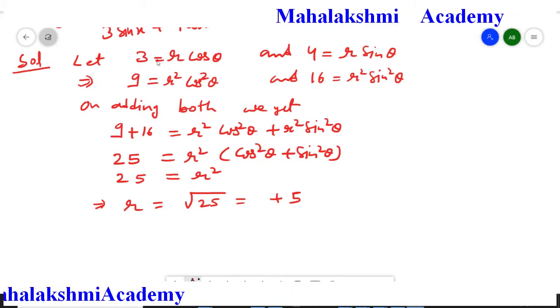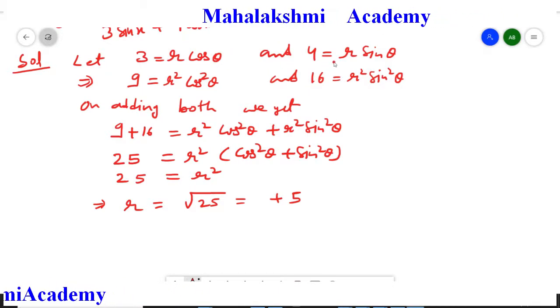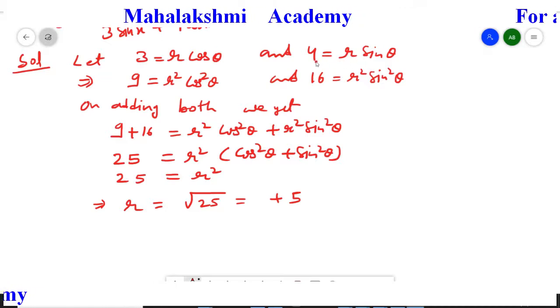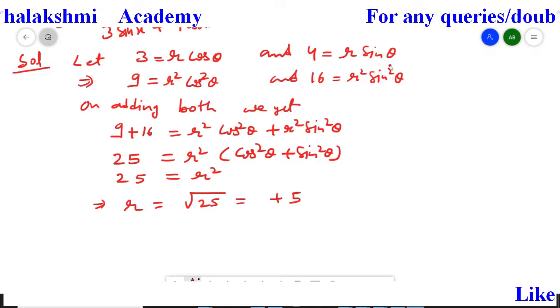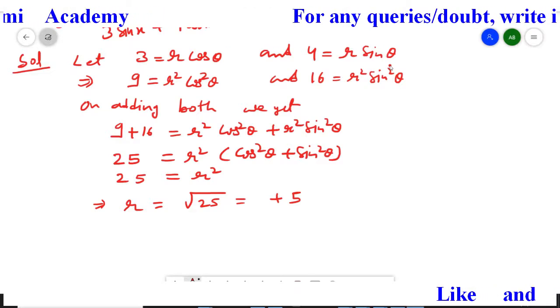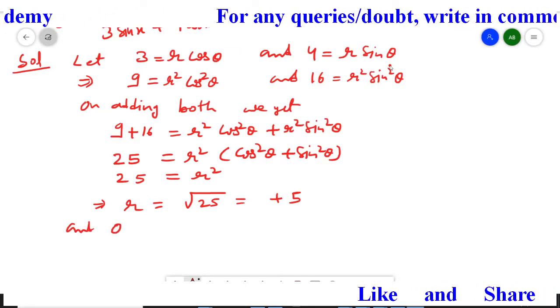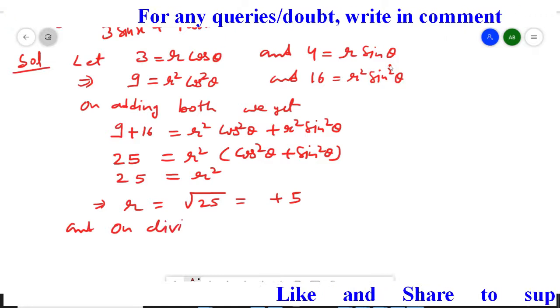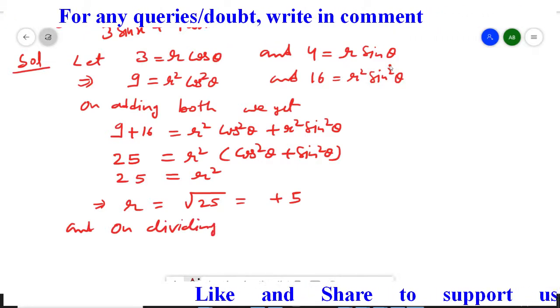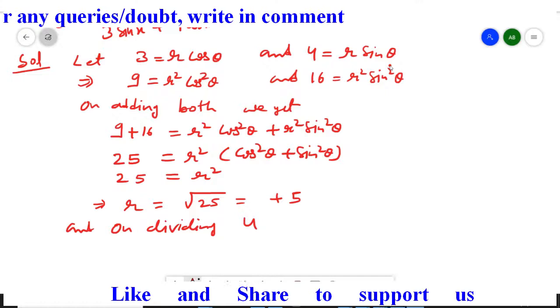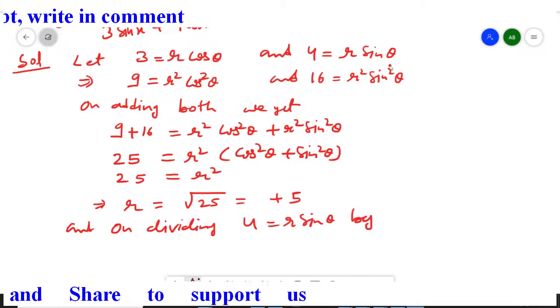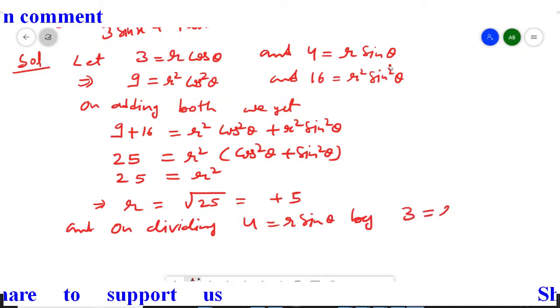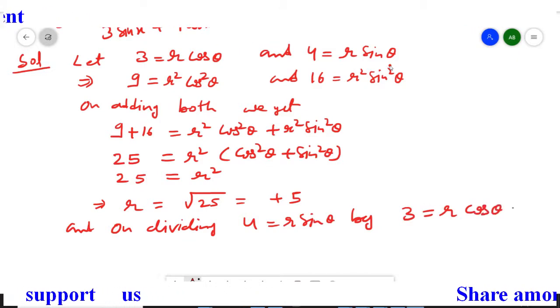For that you just divide 4 equal to r sin theta by 3 equal to r cos theta.